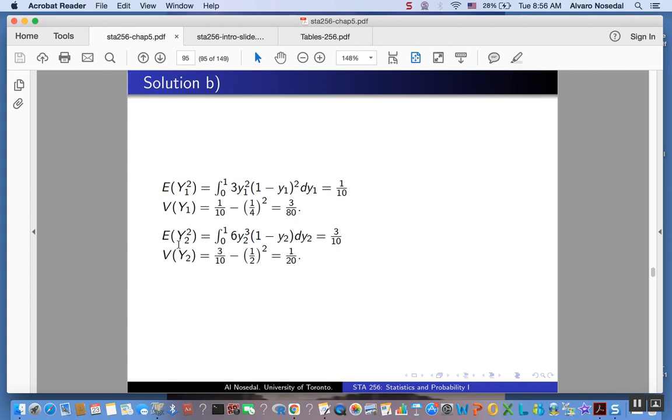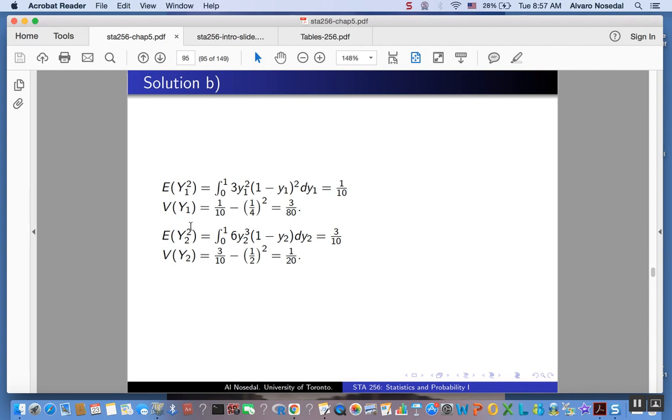For the other one, you proceed in a similar fashion. You could either find the marginal first and then find the expected value of y2 squared, or you could identify the distribution.